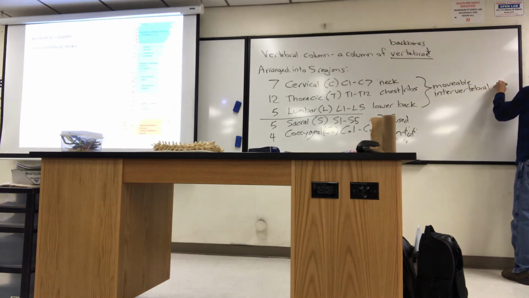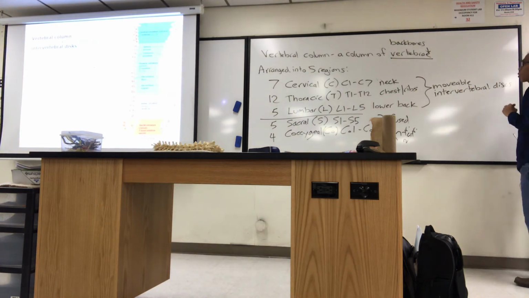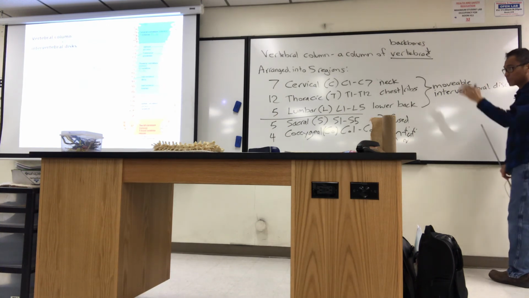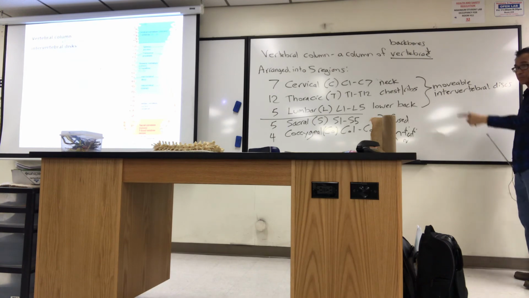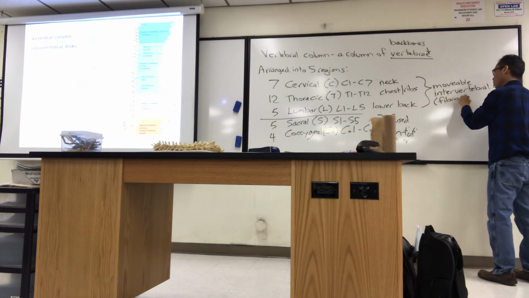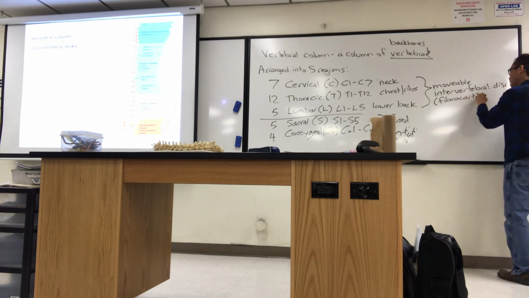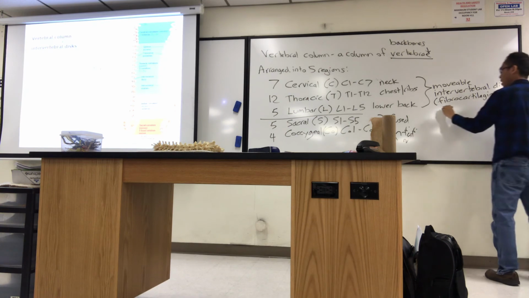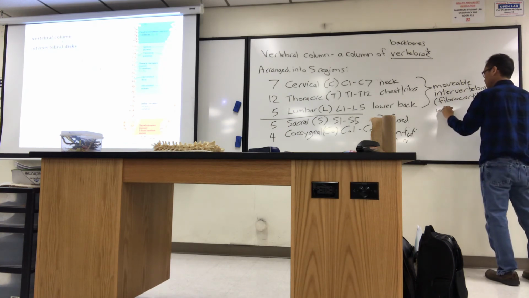Intervertebral discs. Now the discs are fibrocartilaginous. They're not bone, but we'll teach them as part of the anatomy for this system. Fibrocartilaginous. So these discs are wedged between vertebral bodies.